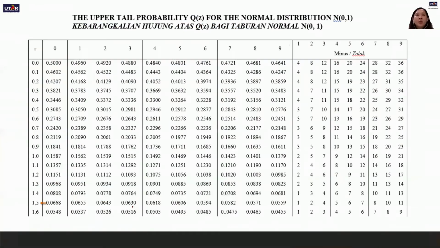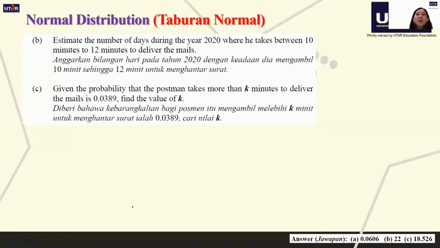Now we go to part B. Estimate the number of days, just roughly, during the year 2020 where he takes this time to deliver the mails. Just for information, the year 2020 has a total of 366 days, correct?